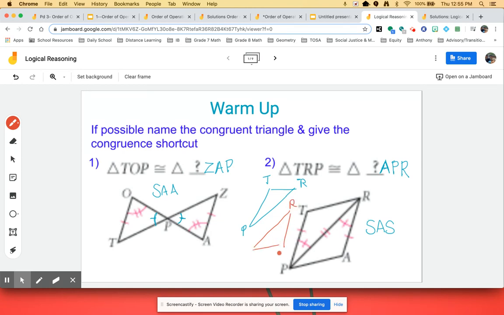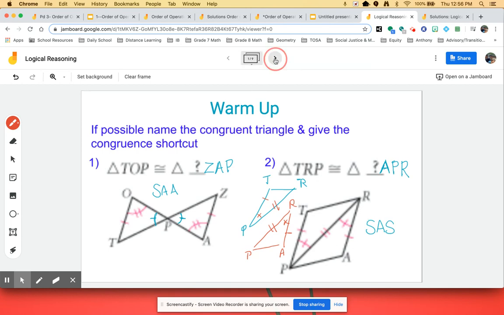That's R, A, P. And then if I go through and I mark all of my congruence markings on here, then I can see, especially when we're reusing those vertices, that can get a little bit confusing. So TRP, and then over here we do APR for that one. And again, that is by side, angle, side.